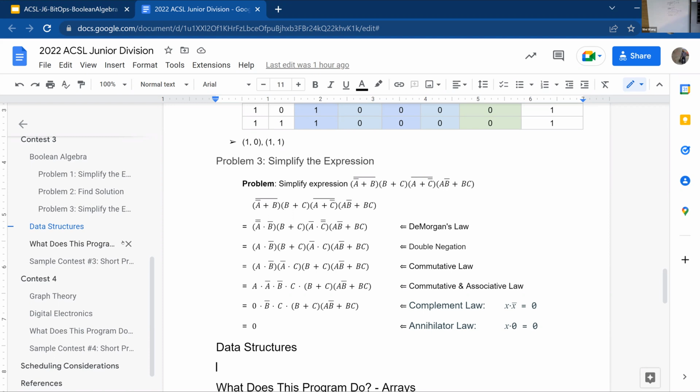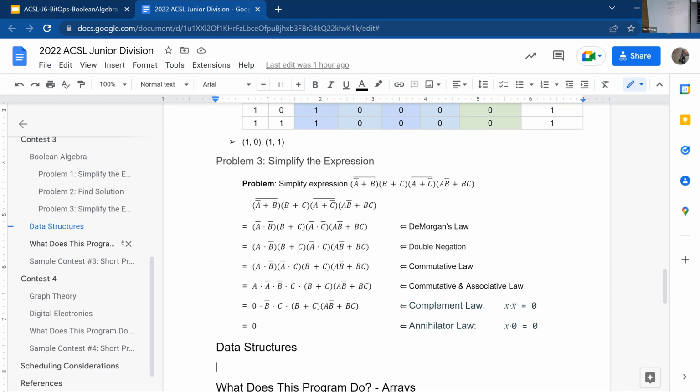That's called the commutative law, because all these items between them are AND operators. So we can move this whole thing in this parenthesis over here.